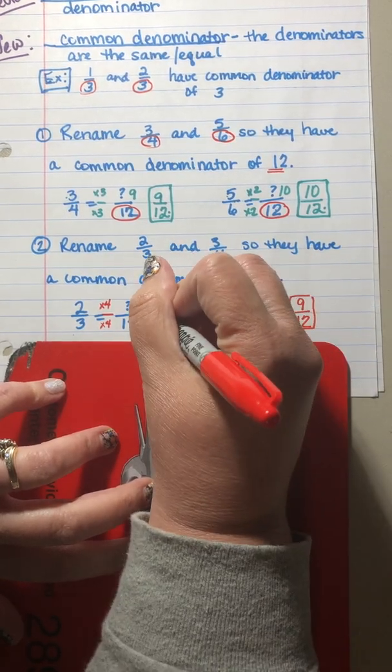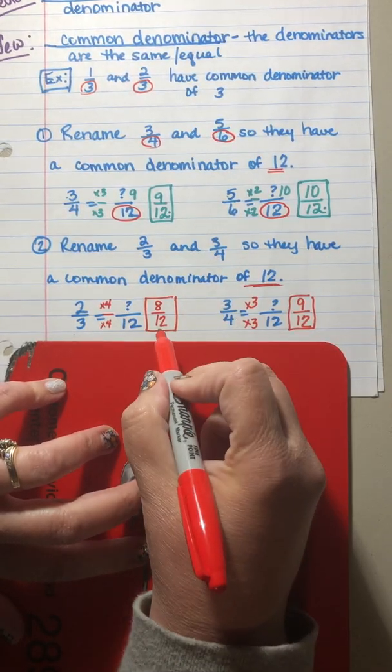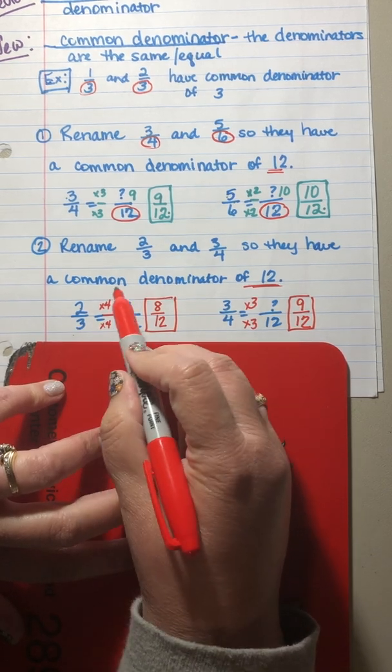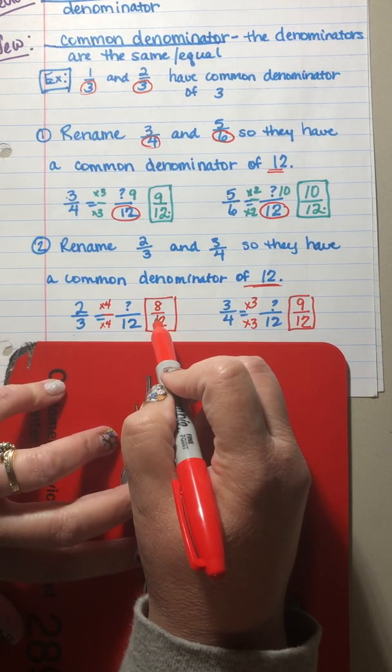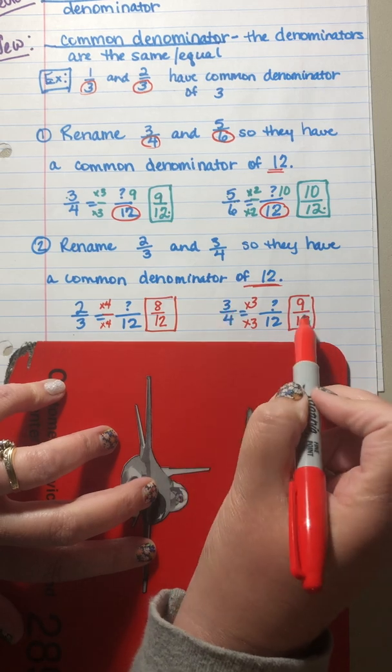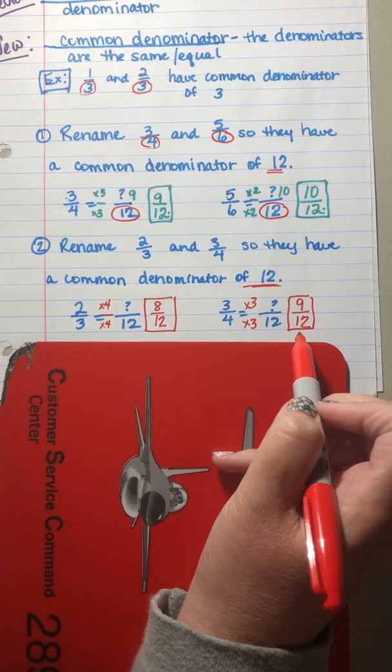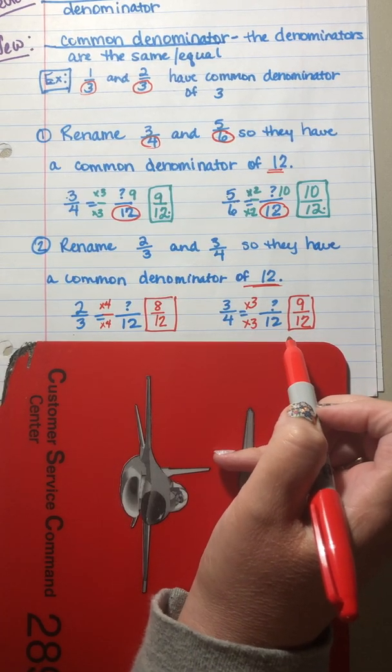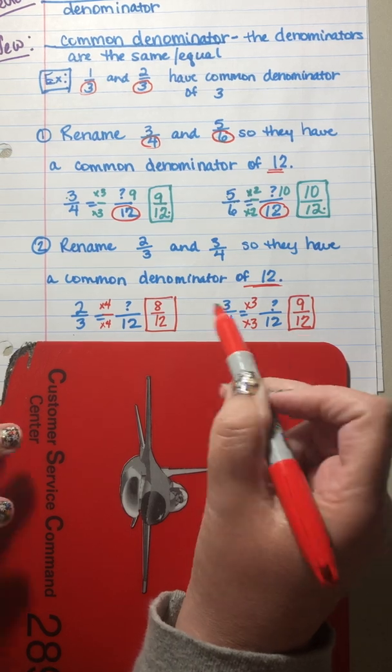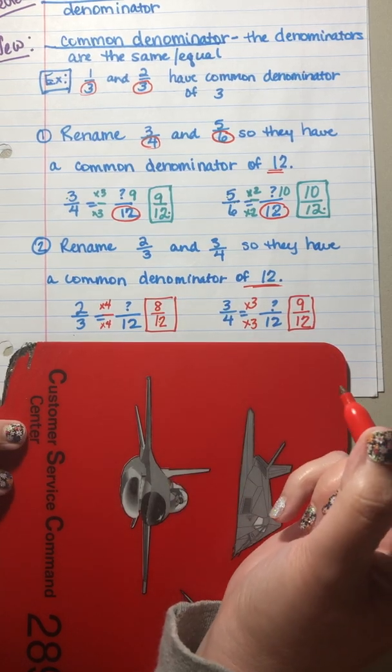So my answers are: 2/3 has been renamed to 8/12, and 3/4 has been renamed to 9/12, and they have a common denominator of 12. Both of them have 12 as their denominator.